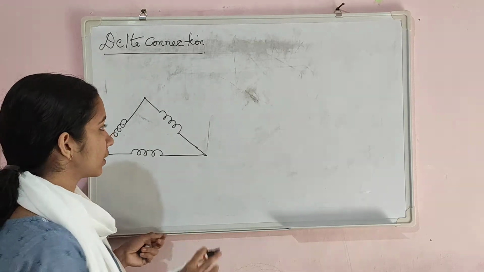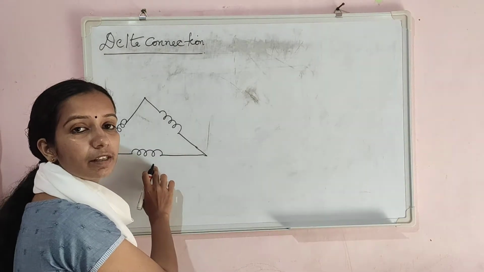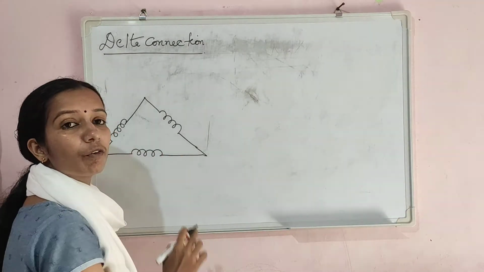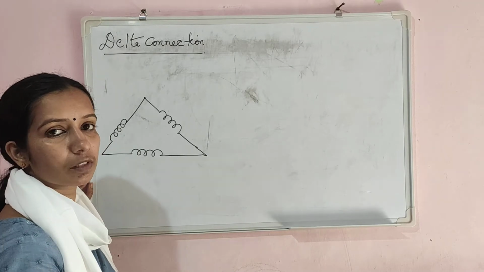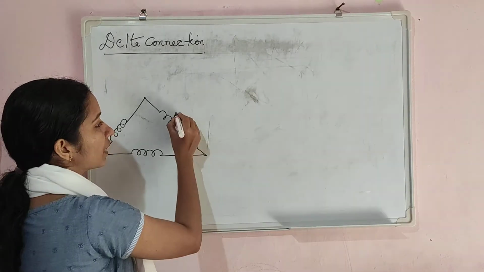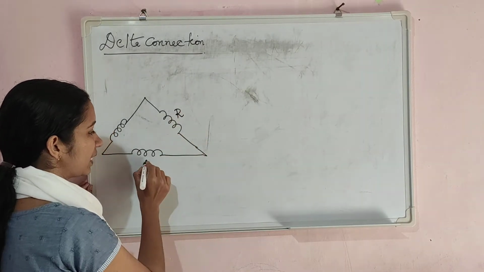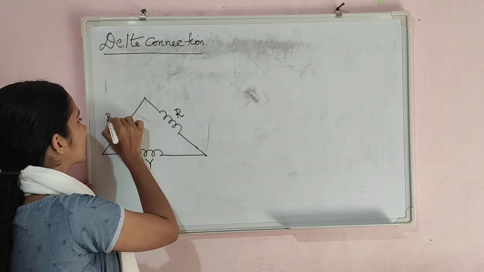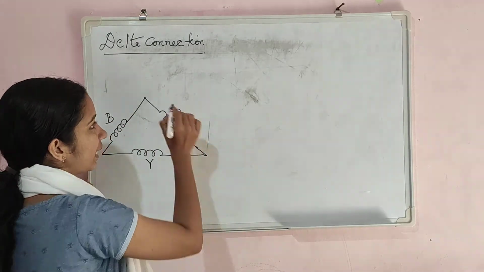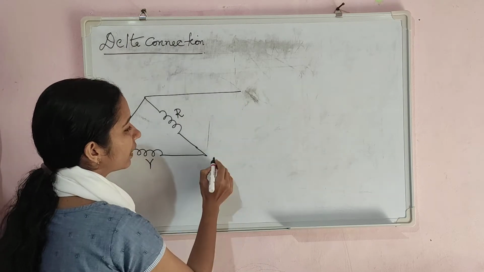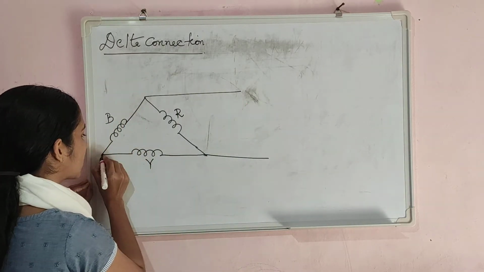There are three windings which are connected in the form of a closed mesh. So this is a delta connected system. Let this be the R phase, this is the Y phase, and this is the B phase. Then connections are taken out from all the three junctions.